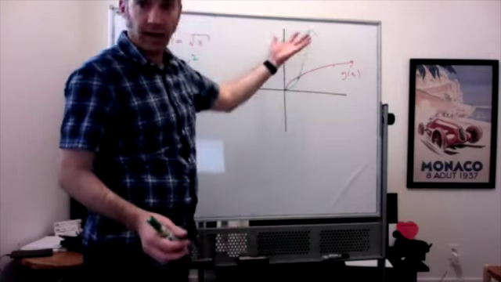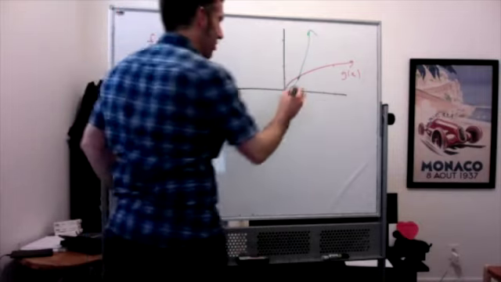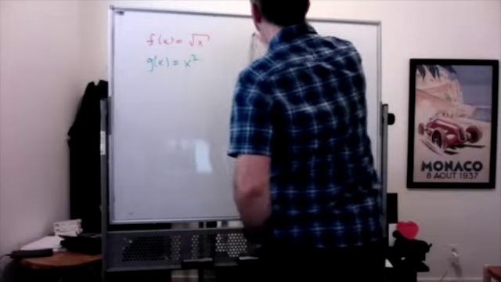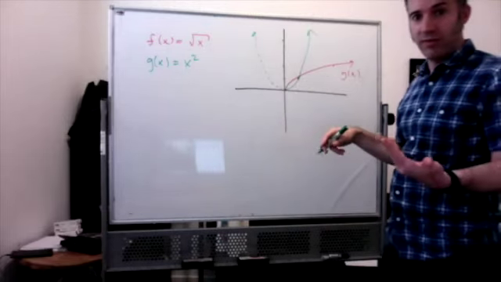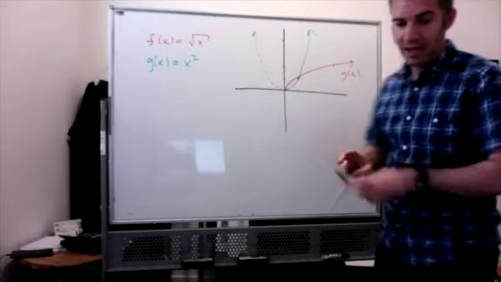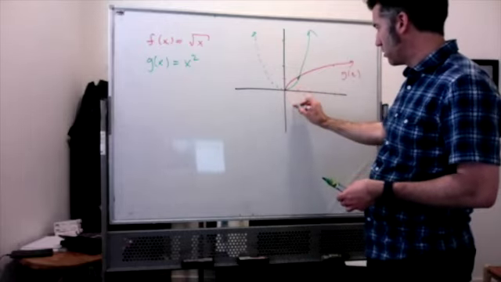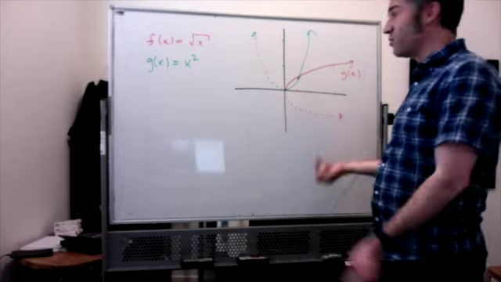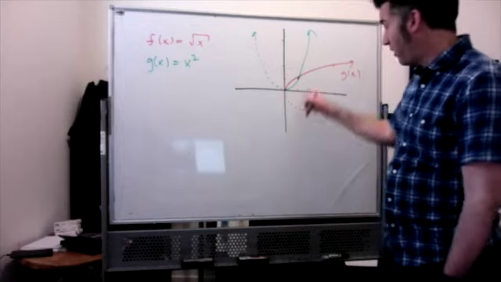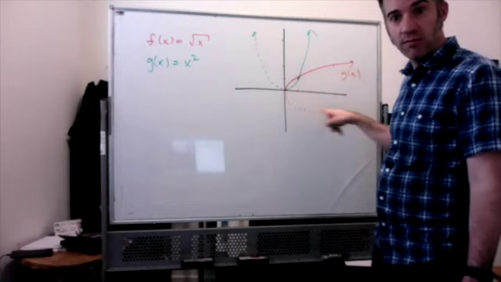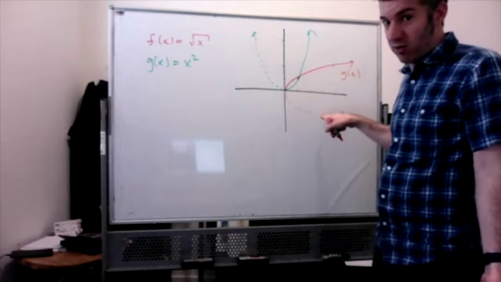So they definitely look like they have that symmetry, but the problem is x squared also has this left side. And graphically, inverses really should reflect each other across the line y equals x. But the problem is we don't have the reflection of this down here. And the reason we don't is because if we had this piece, this wouldn't be a function because it would fail the vertical line test.